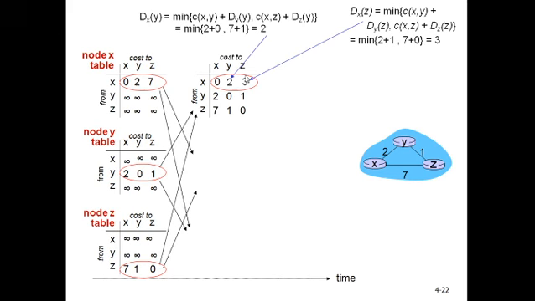There are changes in X's personal information. You can see this X to Z, earlier it was 7, now it is 3, so there are changes. So in the next step, X has to share its information with the other two neighbors in the autonomous system.